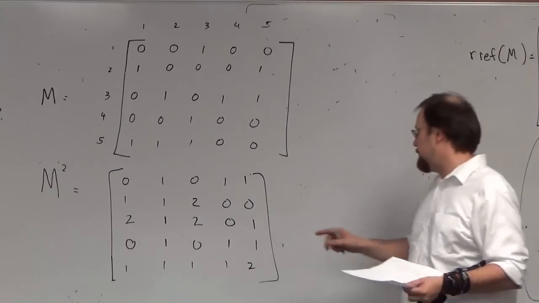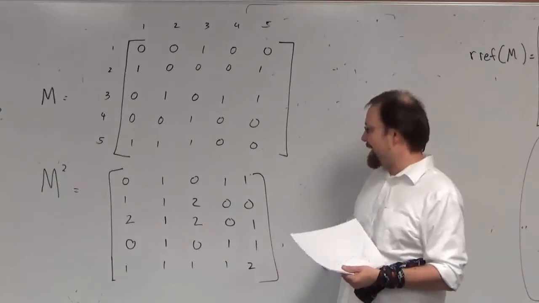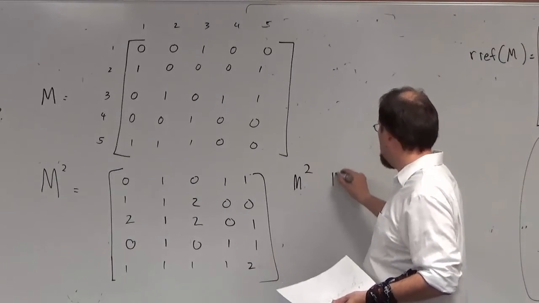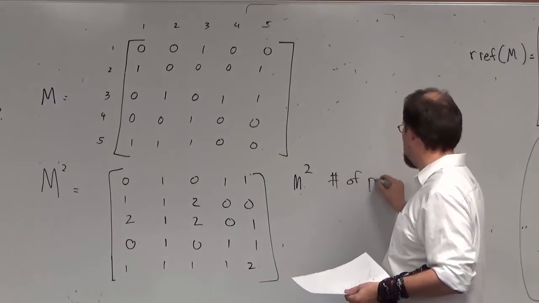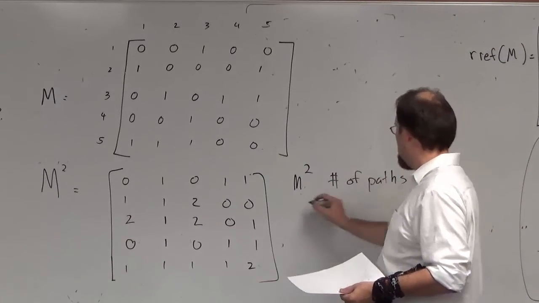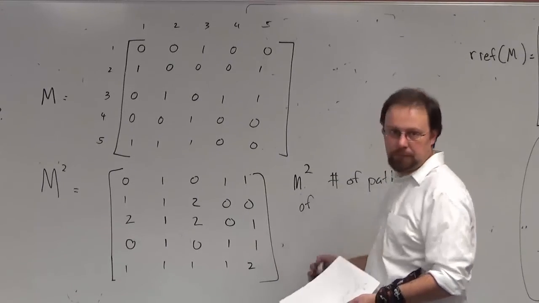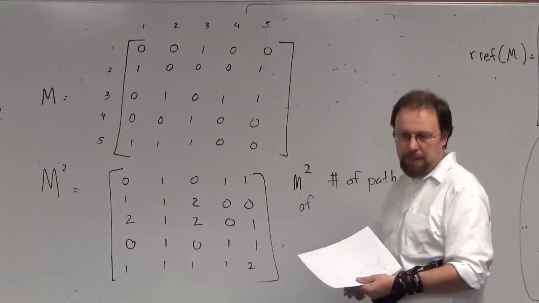But this matrix tells us how many paths there are. So M squared will tell us the number of paths consisting of 2 steps, or paths of length 2.